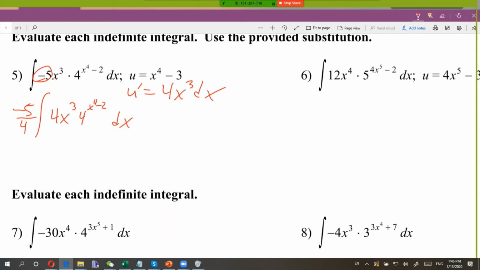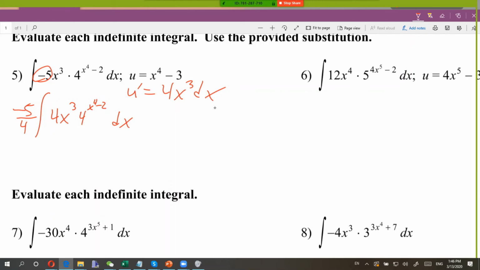Oh, I see. Okay, because this is -2 instead of -3. Was that your question? Yes. Gotcha. With properties of exponents, if I have 4 to the -2 power, that's the same as 1 over 4 to the 2 power, right?